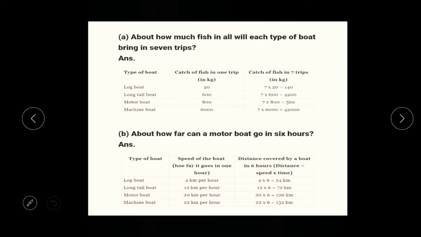We just multiply the catch of fish in a single trip by 7 for each type of boat, because if in one trip it brings 20 kilograms of fish, in 7 trips we multiply it by 7. Is it simple?